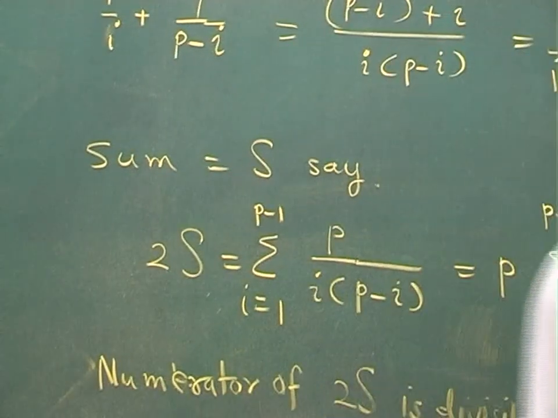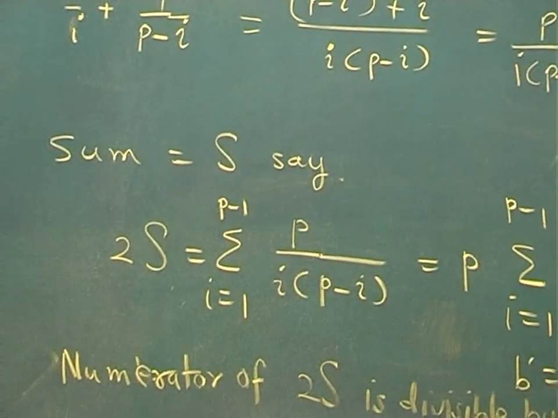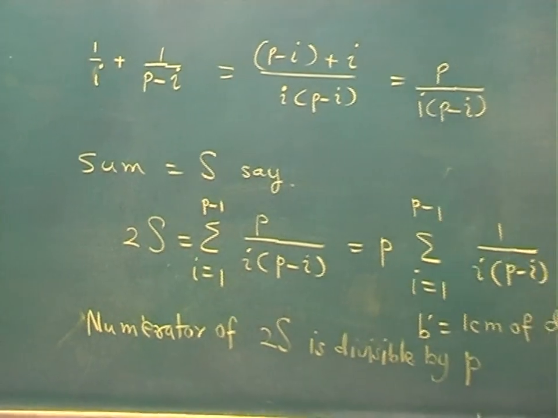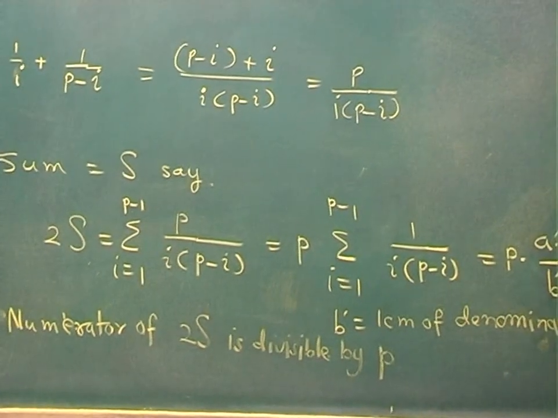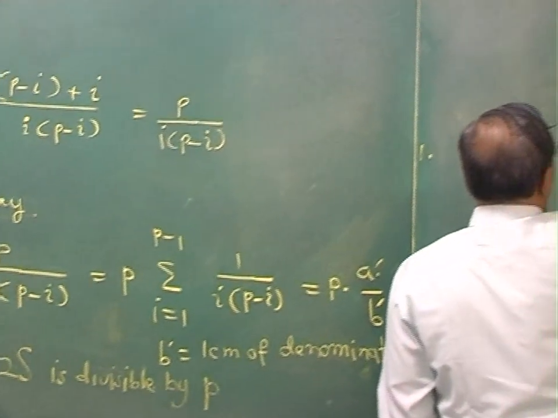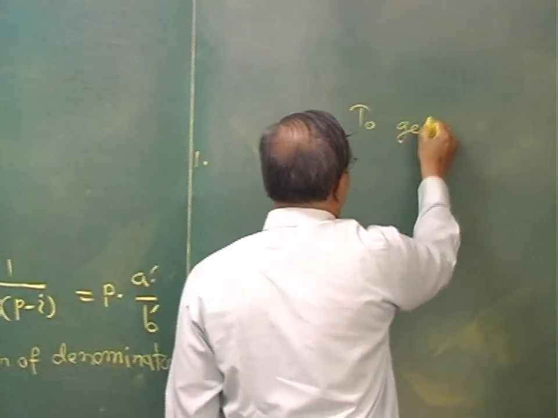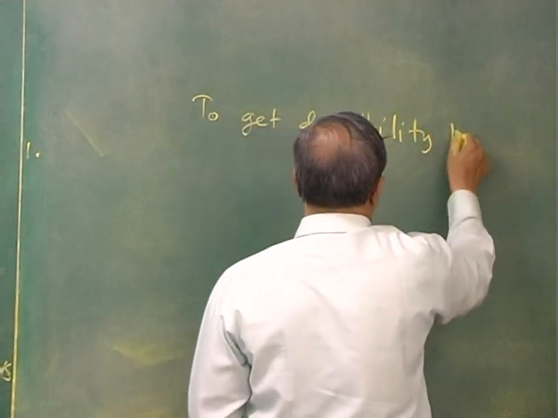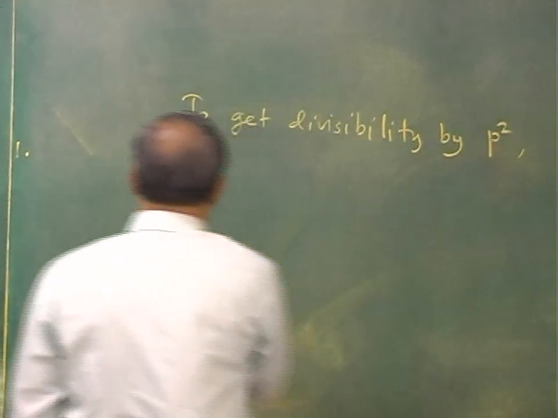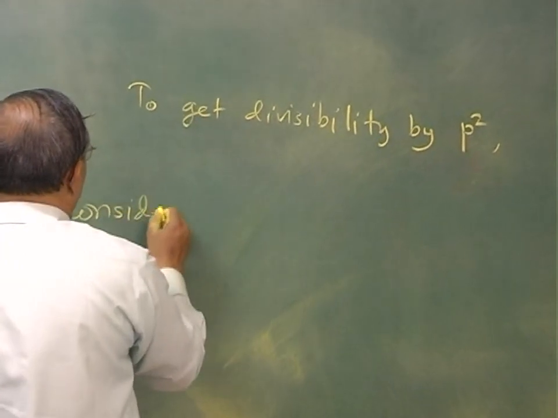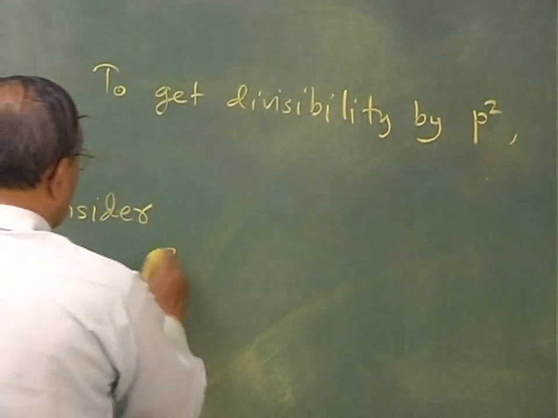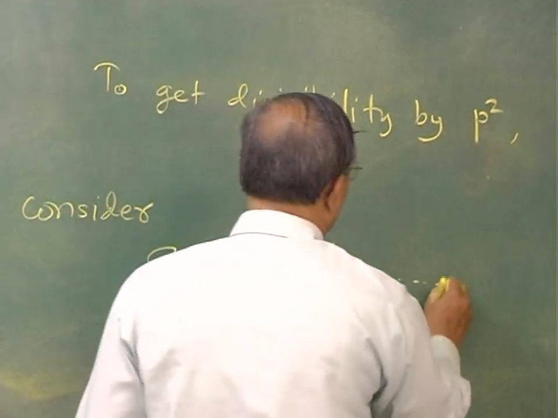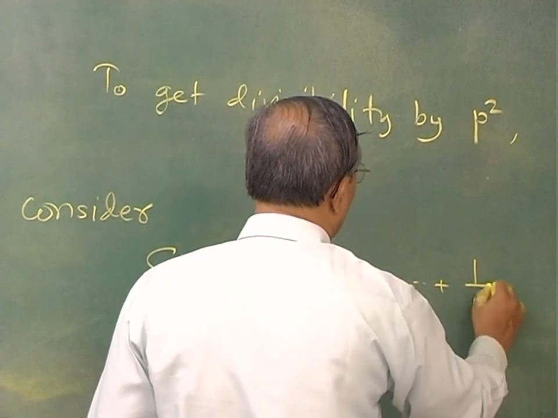If you want to get divisibility by p square, we shall use the Wolstenholme congruence. So, p square: consider S, which is 1 upon 1 plus 1 upon 2 plus etc. plus 1 upon p minus 1.